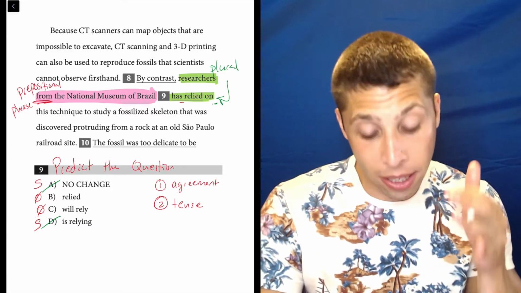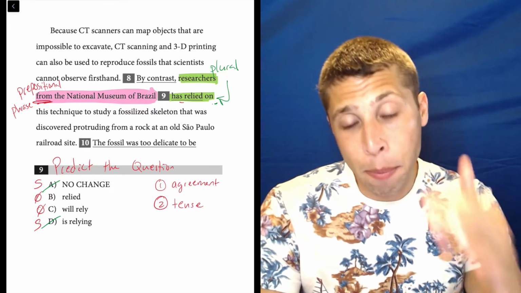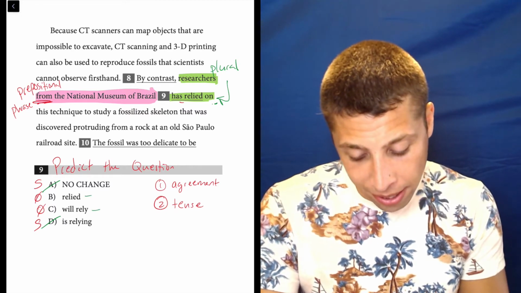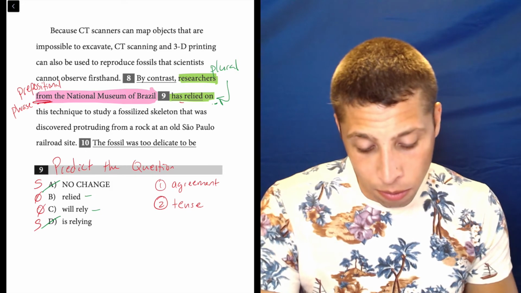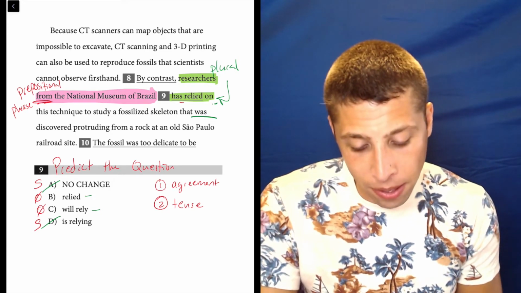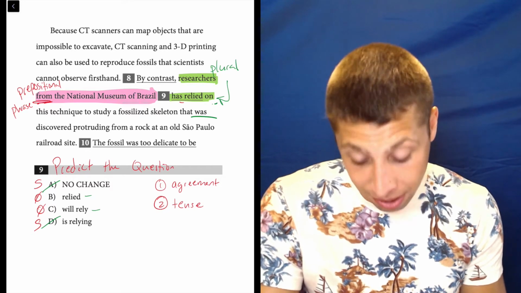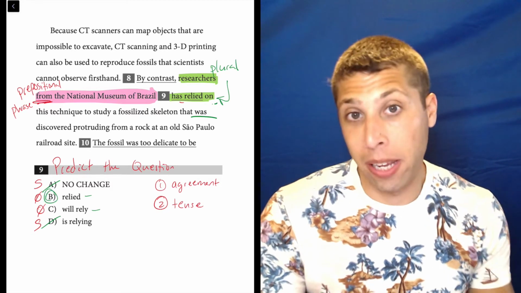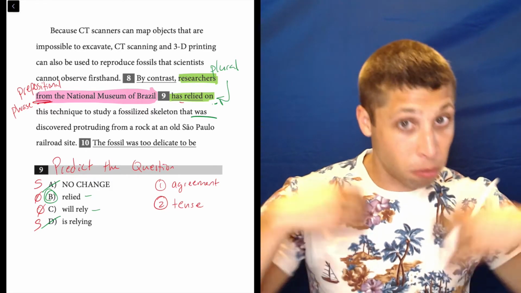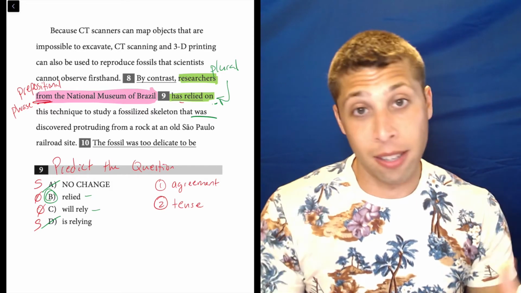They're wrong because they're singular, and we need a plural verb. So now we're just down to, well, is it the past tense or the future tense? Well, it was discovered. We're talking about the past. This is something that has happened in the past, so the past tense is better. B is the answer.